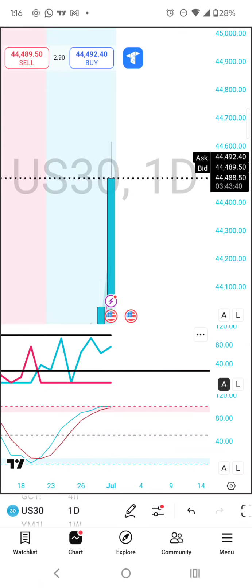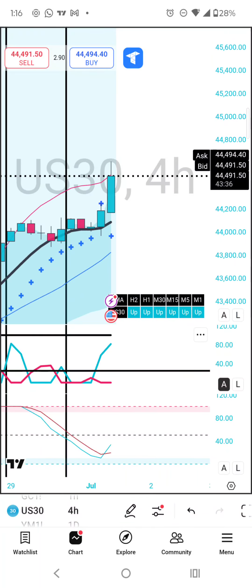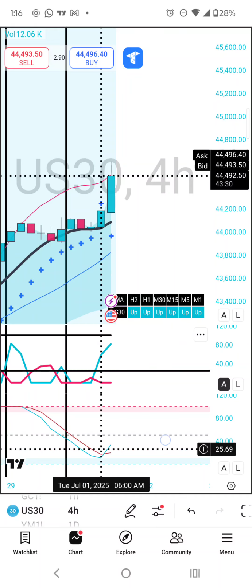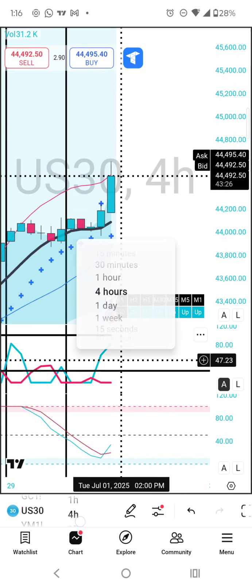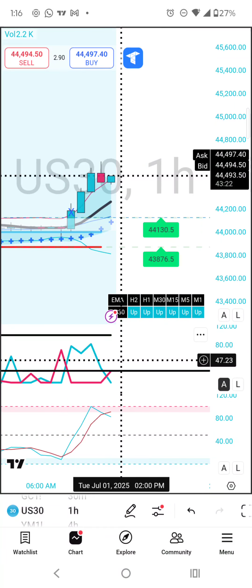Daily, up. 4 hour, up on the Bollinger Band. Could pull back, but Fed reentry on top. Could pull back some. Pressure is up altogether overall. 1 hour, pressure is up.